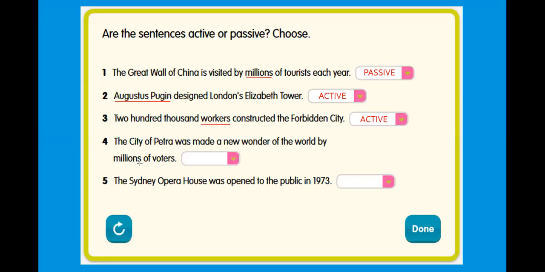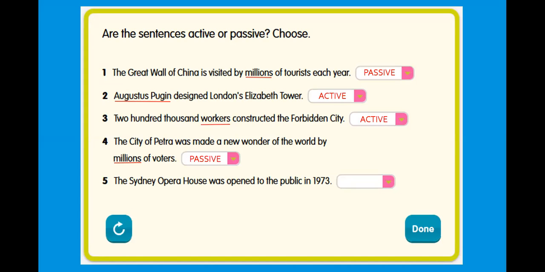The person or the agent that is doing the action is right here, millions of voters. Millions made the city of Petra a new wonder. So in this case, we have passive voice. The subject of the sentence, the city of Petra, is not doing the action. Passive voice.